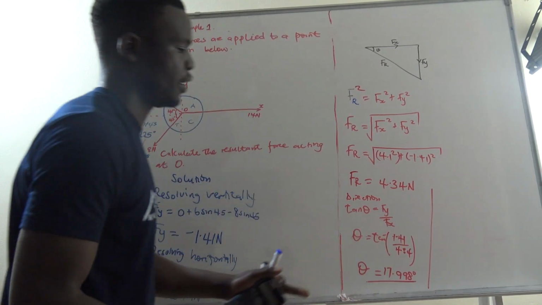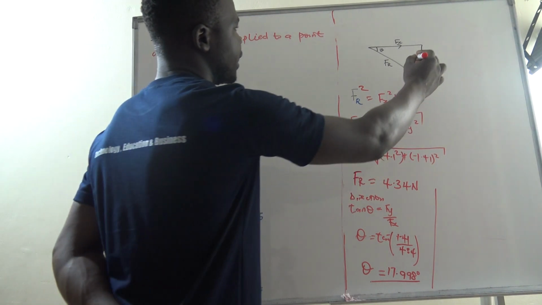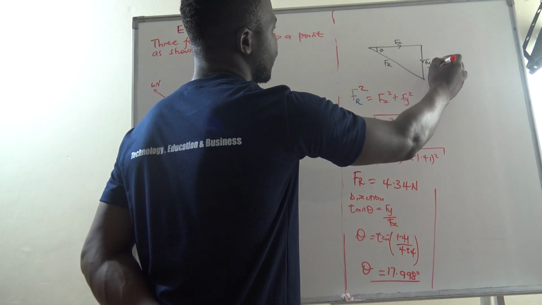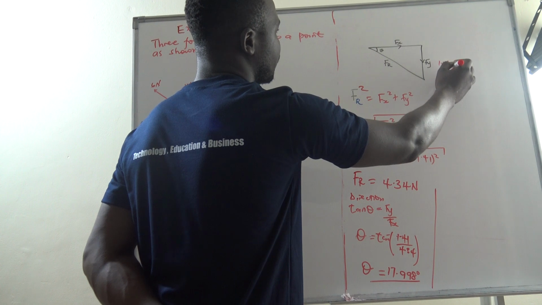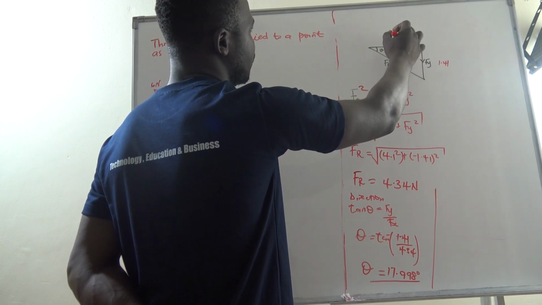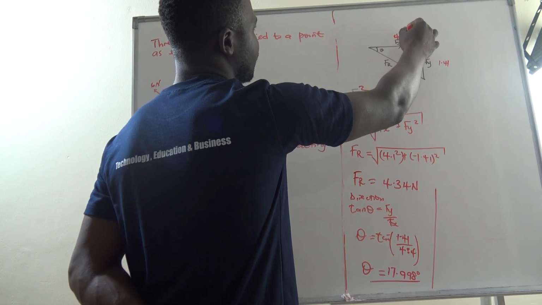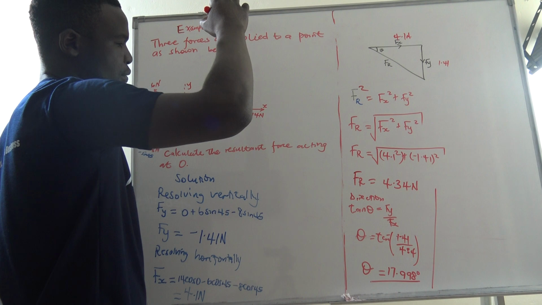Now, you realize that our Fy was negative, but since we illustrated on this diagram that it was pointing downwards, the negative is omitted.